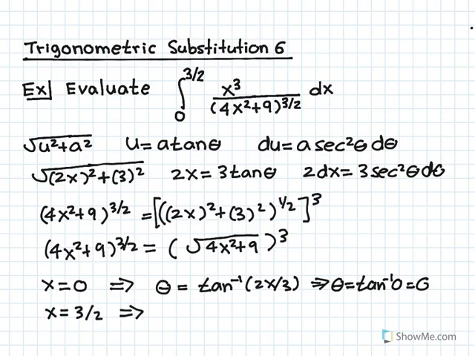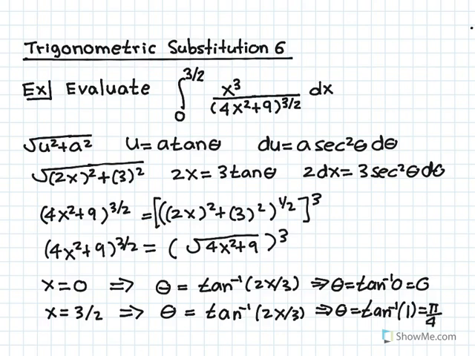Plug that into theta. Theta is equal to tan minus 1 of 2x over 3, and we will get theta is equal to tan minus 1 of 2/3 times 3/2. That gives us 1. What is arctangent of 1? This is pi over 4. We obtained this from the 1, 1, root 2 triangle, the special triangles.